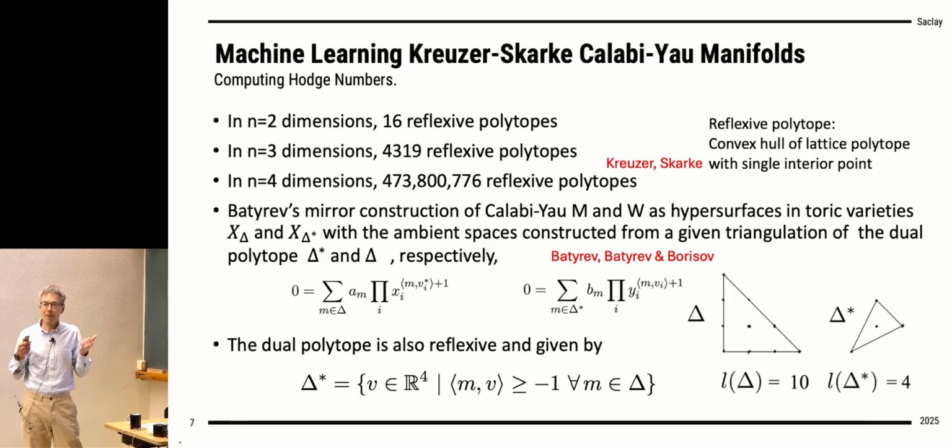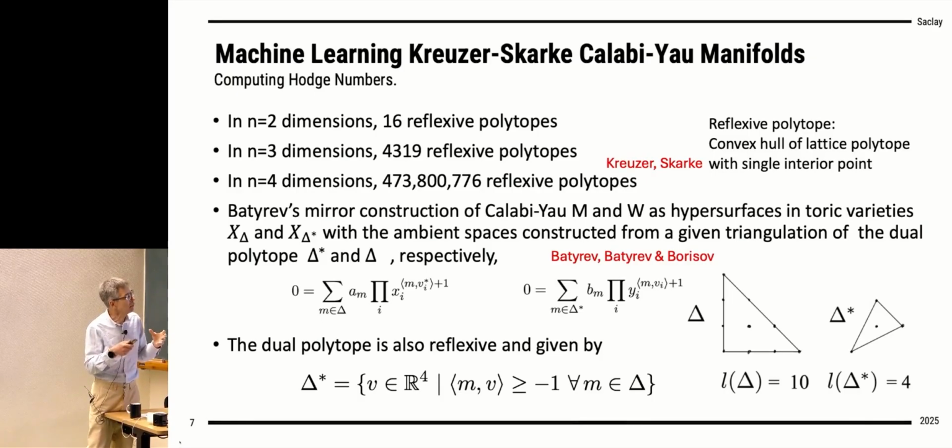Okay? So the mathematics of the combinatorics of the polytopes gives you information about the particle physics. That's essentially the one line.